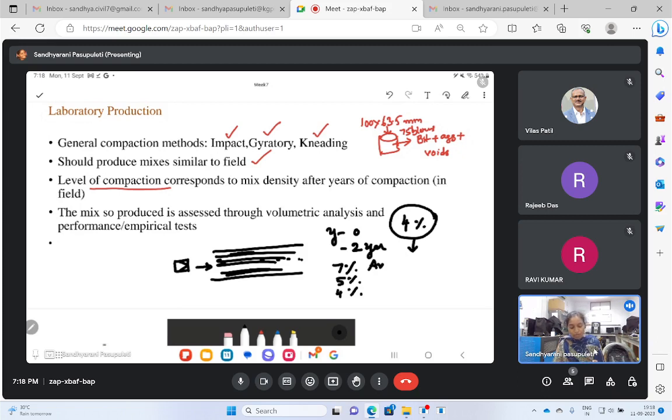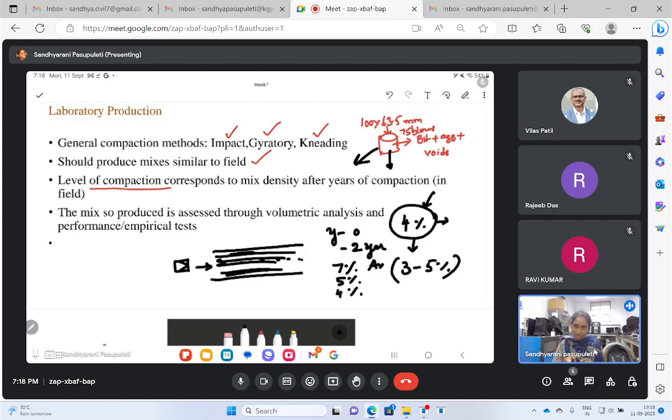So we try to produce the mixes in the laboratory corresponding to this 4%. To be general, 3 to 5% in range, and to be specific, 4%. Whatever mixtures we are producing correspond to that. Now for the mix that is produced, we analyze the specimen. What is the weight of that mix? What is the volume of that mix?